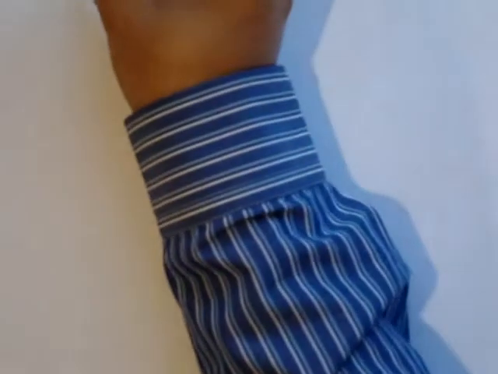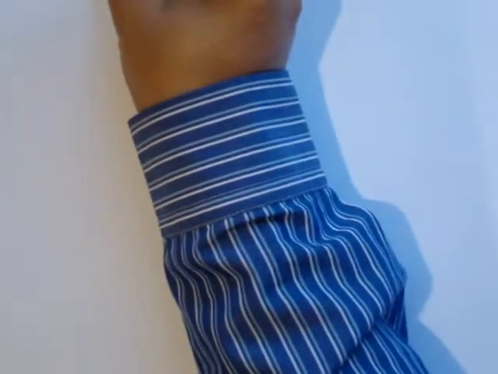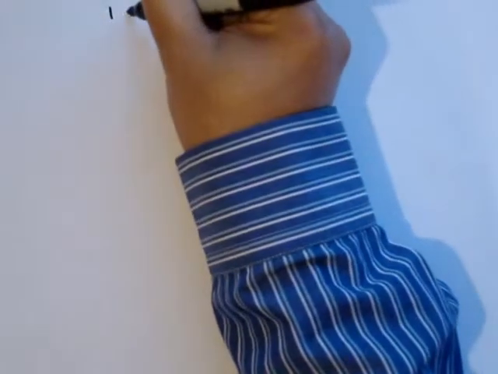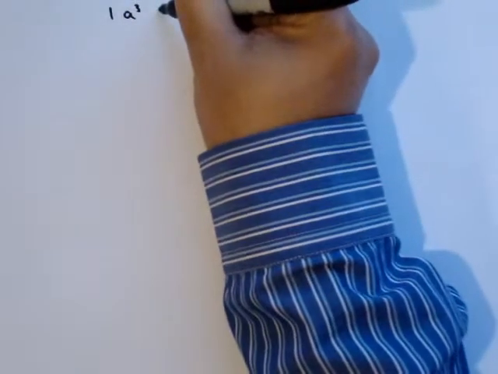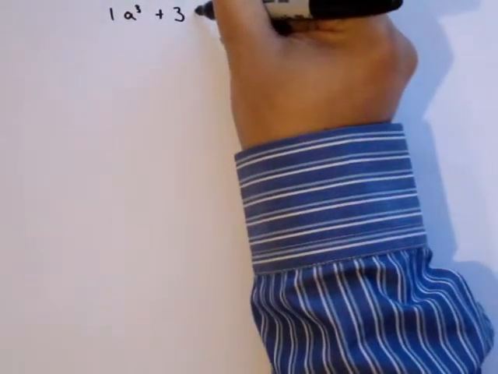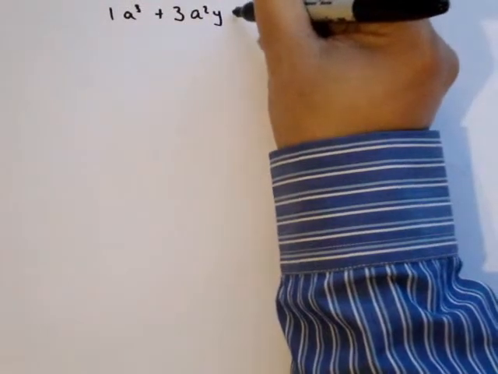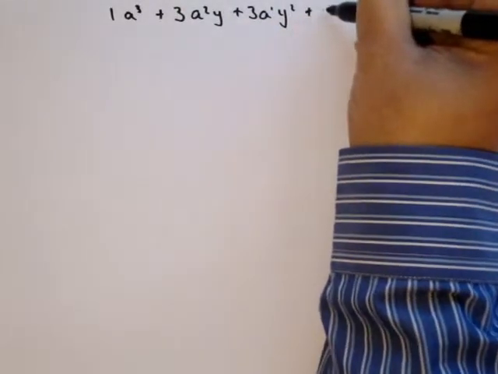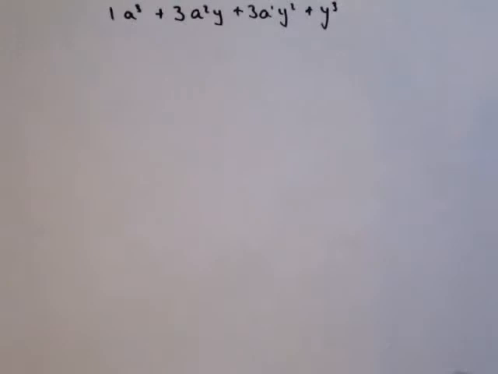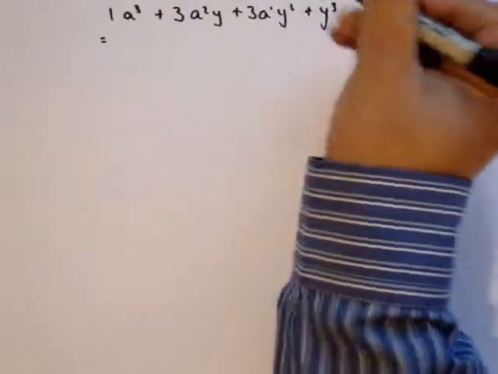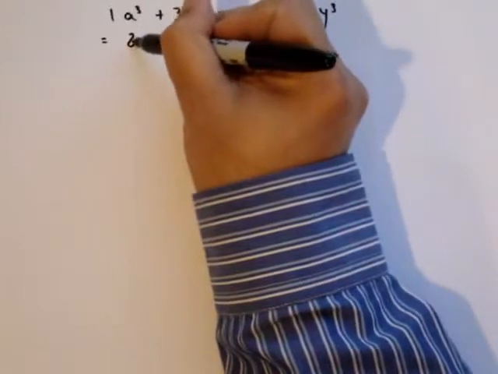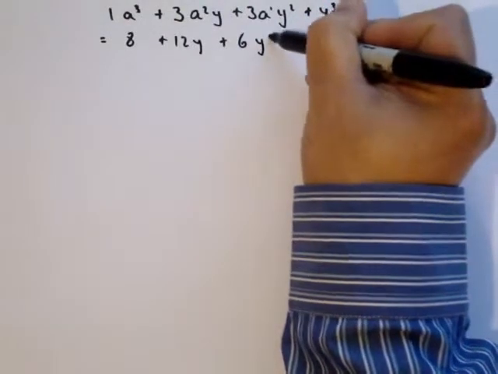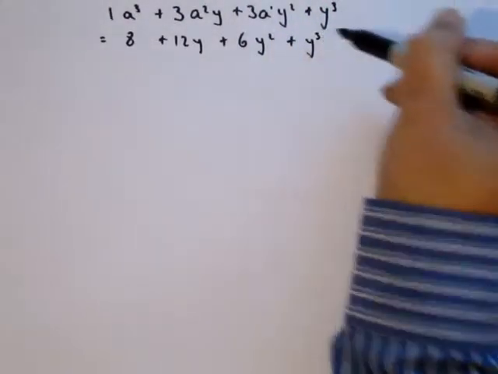So for example, if we have the expansion of (a + y) cubed, we get 1a cubed plus 3a squared y plus 3a to the power 1 y squared plus y cubed. When we substitute in our a, which is 2, we get 8 plus 12y plus 6y squared plus y cubed.